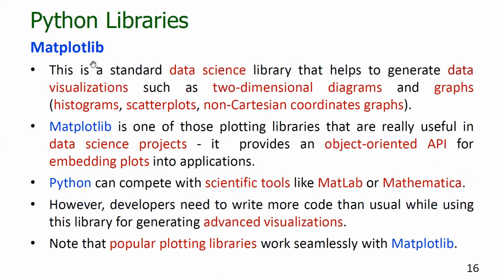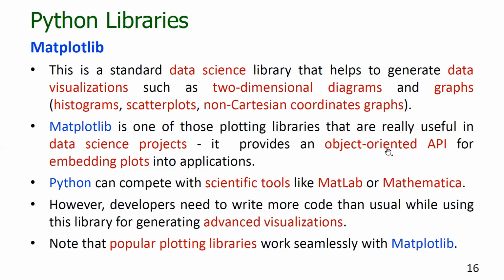The next library is Matplotlib. This is a standard data science library that helps us to generate data visualizations such as two-dimensional diagrams and graphs like histograms, scatter plots, non-Cartesian coordinate graphs, etc. Matplotlib is one of those plotting libraries that are really useful in data science projects.